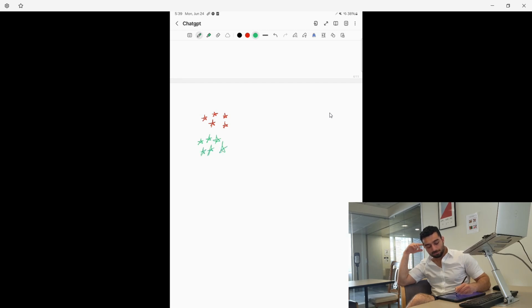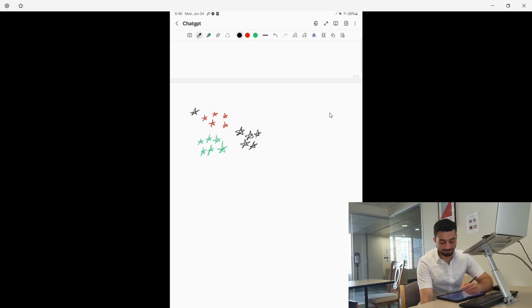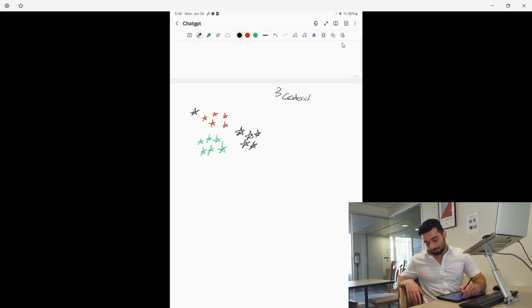So we want to have K. Probably one of them is here. And what we want is to find 3 centroids.